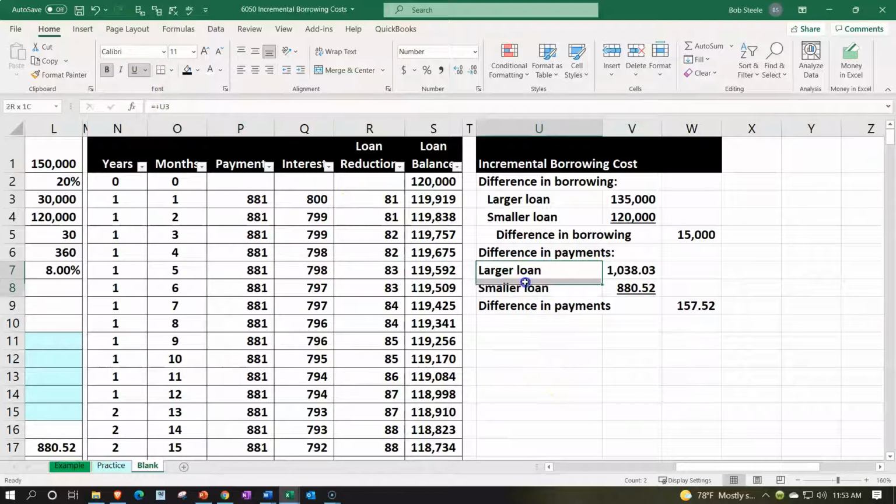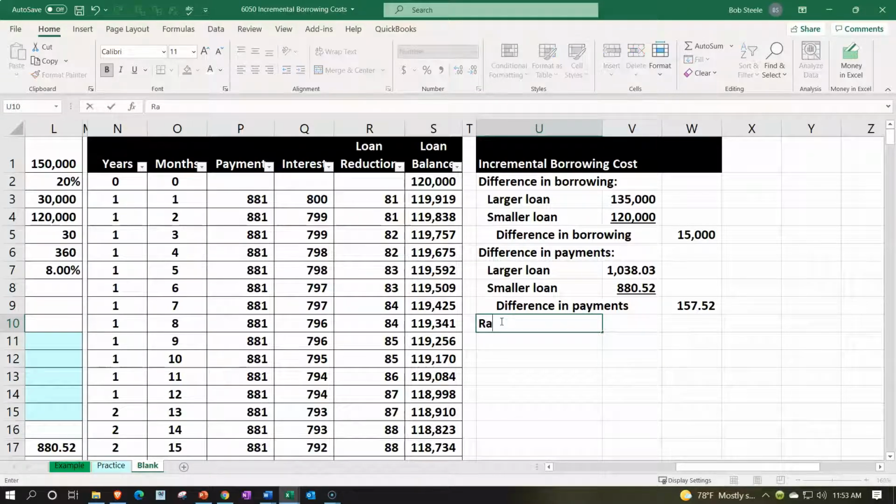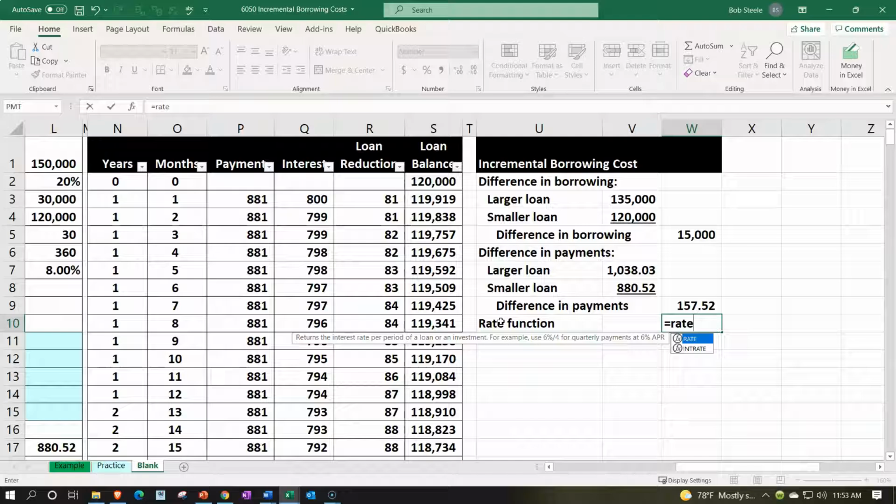Let's do some indentation. We're going to go to the home tab, alignment, indent, and indent this one again. And then you would think we'd do some kind of subtraction problem here, but no, we're going to do a rate function calculation here, now that we have all our tools. So this is going to be equal to the rate brackets, and we're picking up the number of periods.